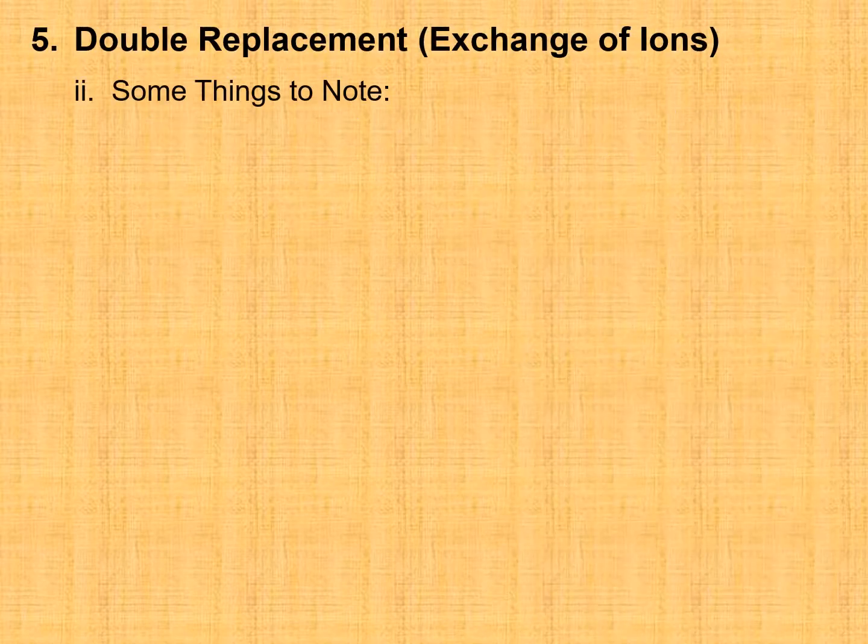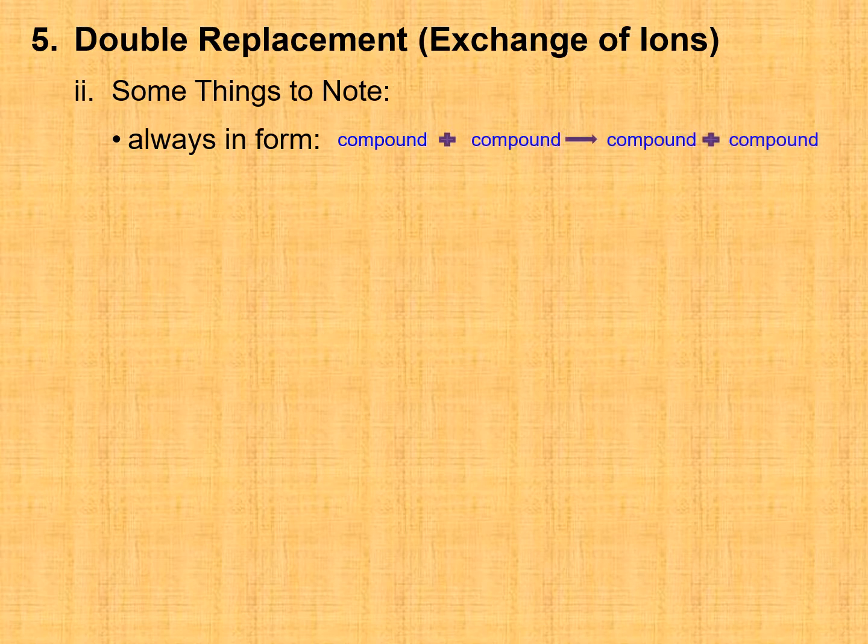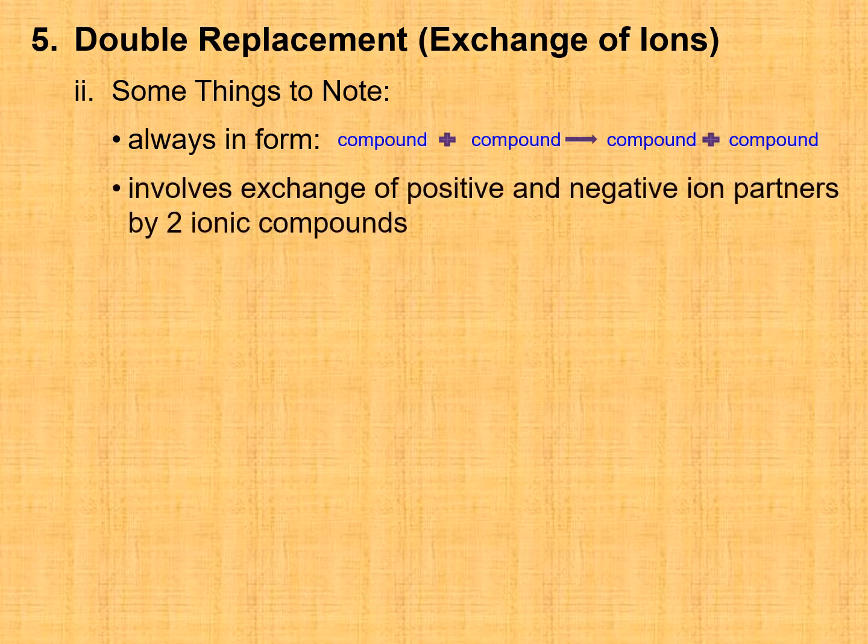Alright, so let's review some of the points we just made about double replacement reactions. First of all, when you're trying to identify a reaction and determine whether it's a double replacement reaction, note the form. All double replacement reactions involve a reaction between two compounds to form two different compounds as products. These compounds are usually ionic compounds.